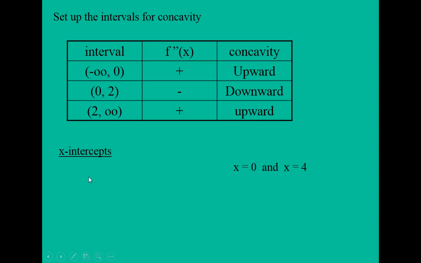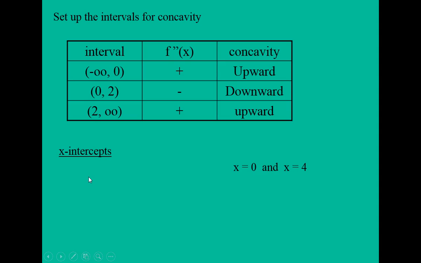So we know the graph would be concave upward. From 0 to 2, we could choose the value 1 to plug into the second derivative. We get a negative value, so it's concave downward on that interval. And then 2 to infinity, we could choose 3 to plug into the second derivative. We get a positive value, so it's concave upward.